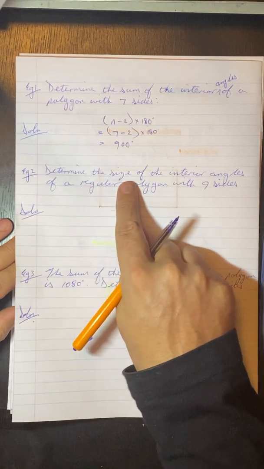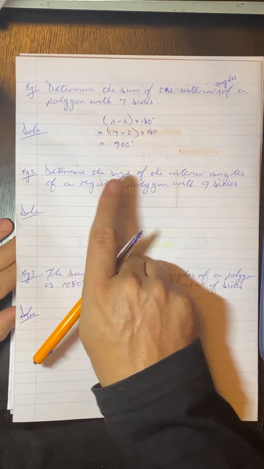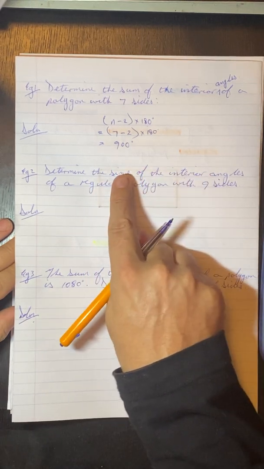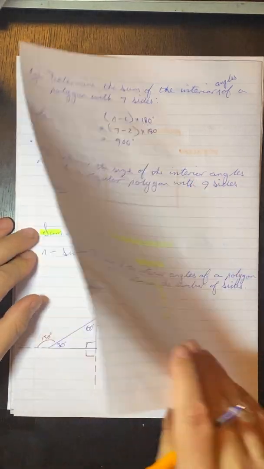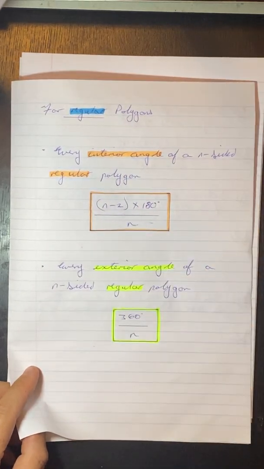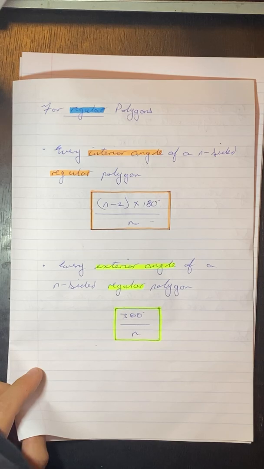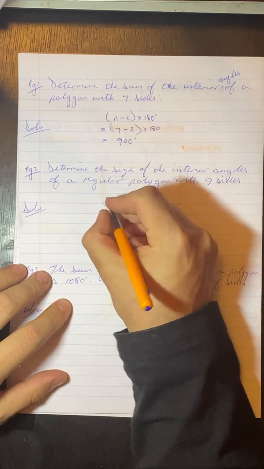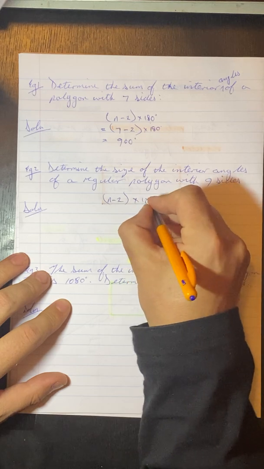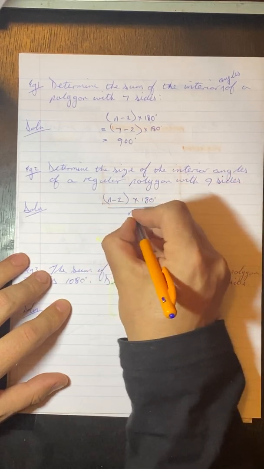The next one: determine the size of the interior angles of a regular, okay, there's your keyword, regular polygon with 9 sides. So we're going to use this formula over here. Every interior angle of an n-sided regular polygon is n minus 2 times 180 all over n.